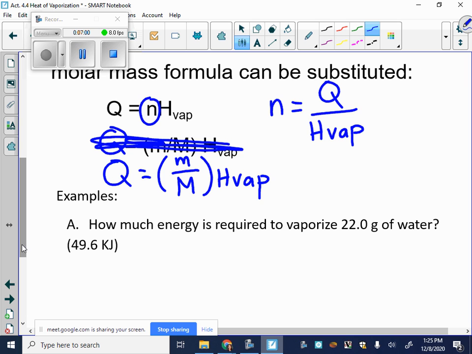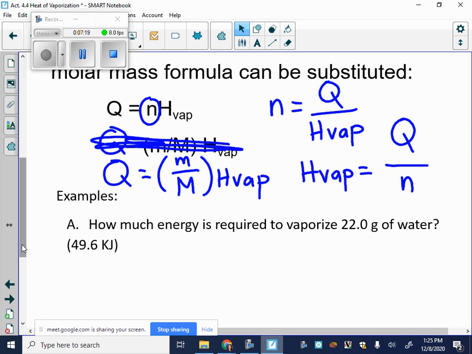And sometimes we need to find what the HVAP is, and that'll be Q divided by the number of moles, or you could say mass divided by molar mass. So make sure you remember that there will be three versions of this formula: the version where we're finding Q, the version where we're finding number of moles, and the version where we're finding HVAP.